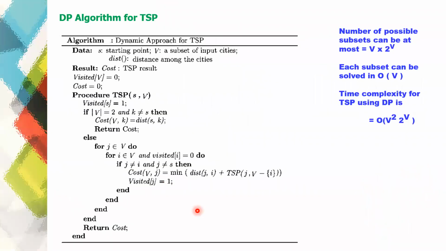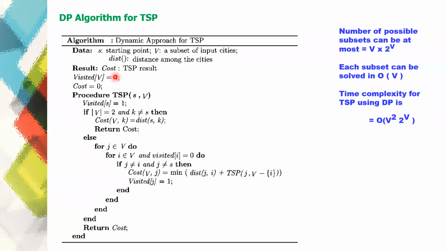And this is the algorithm for solving TSP using DP, where S is the starting city, V is the input cities, and the distance matrix represents the distances among the cities.